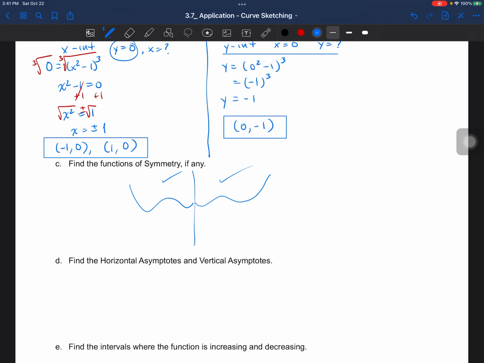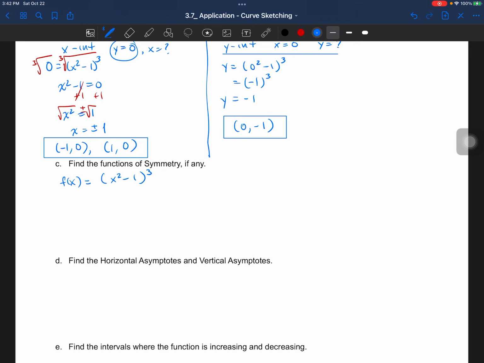Symmetric means that they're the same, but that could be in different ways. There are two ways that we can have symmetry: with respect to the y-axis or with respect to the origin. The way we find this is by doing simply this.